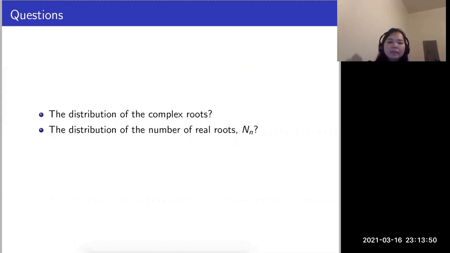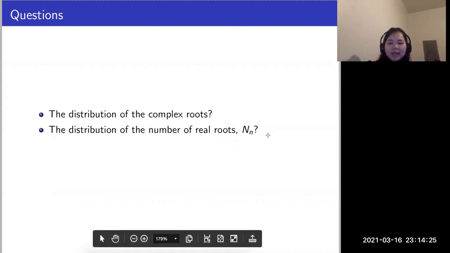We would be interested in the average number of real roots, what is the standard deviation, how it deviates, and what is the asymptotic distribution of the real roots. So these are three particular questions when it comes to the real roots. And most of my research on random functions has been focusing on the second question.